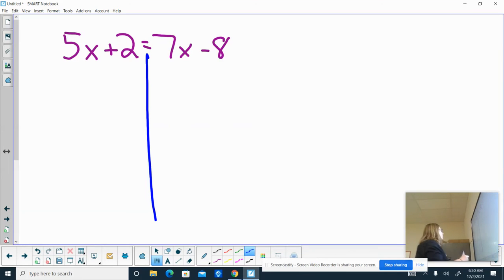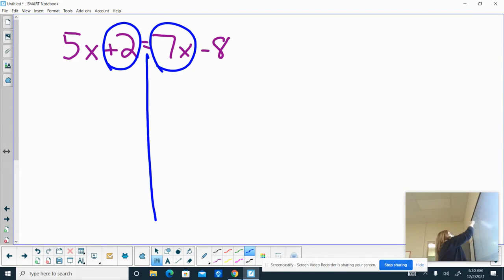So I have told you that your first strategy here is to look on the left side of the equation and circle the constant. Look on the right side of the equation and circle the coefficient. Once you do that, you have your first step and your second step of your 3-step process.